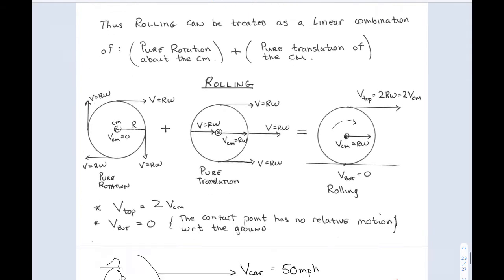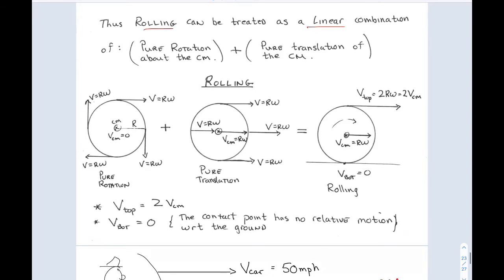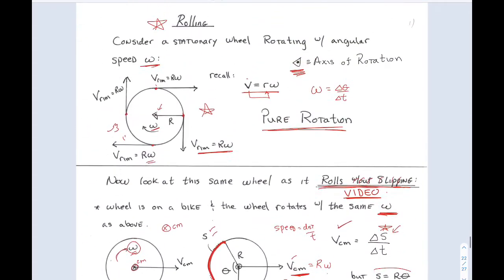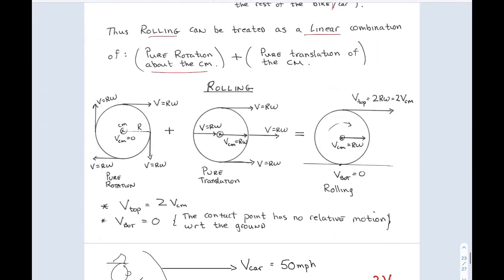So we're going to treat rolling as a linear combination of two motions. We can think of rolling as pure rotation about the center of mass. That was that picture. So rolling can be treated as a combination of pure rotation about the center of mass, plus pure translation of the center of mass.